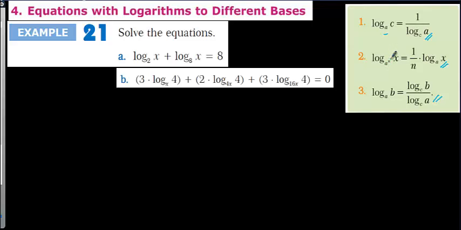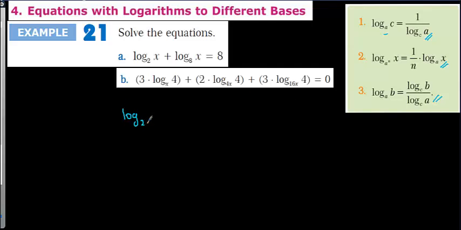The power of the base comes as 1 over n, and logarithm base A of B can be written with a different base C, logarithm base C of B, where the numerator becomes C and the denominator becomes A.